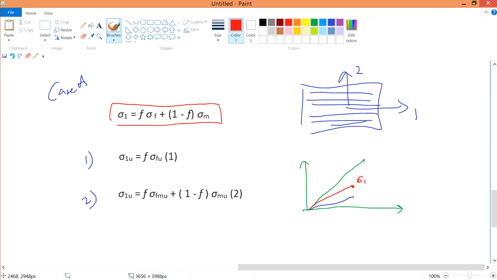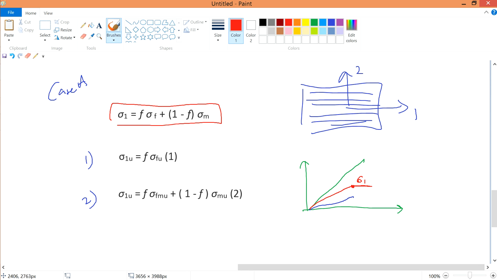Within this case A there are two scenarios. If the matrix fails first, then all the stresses will go to the fiber. So if the matrix fails, you will go like this, and since the matrix fails first, it will go stagnant for a while.